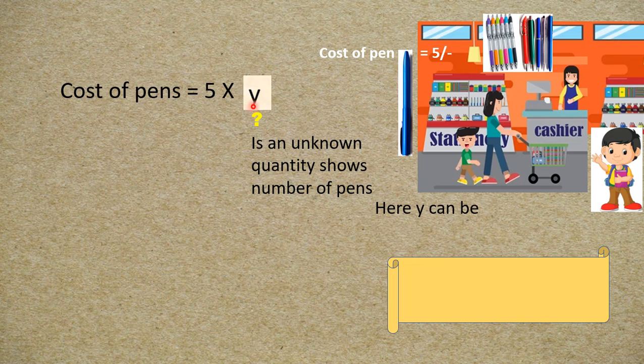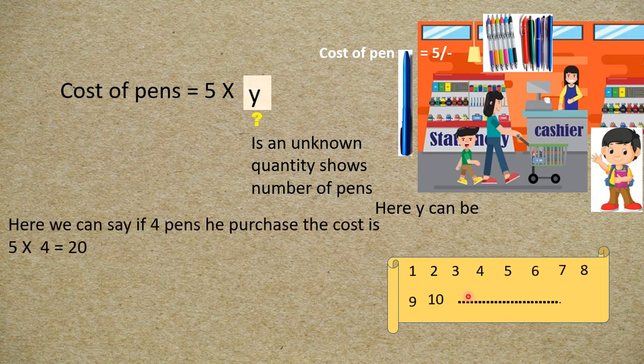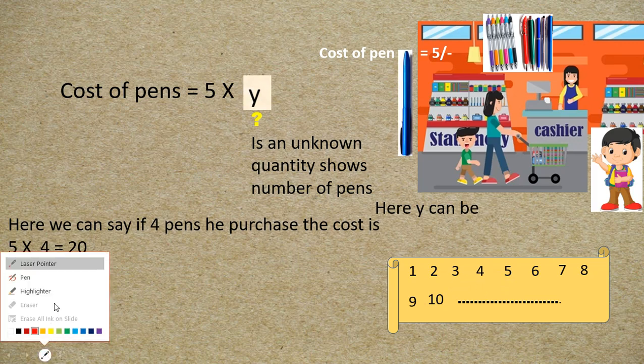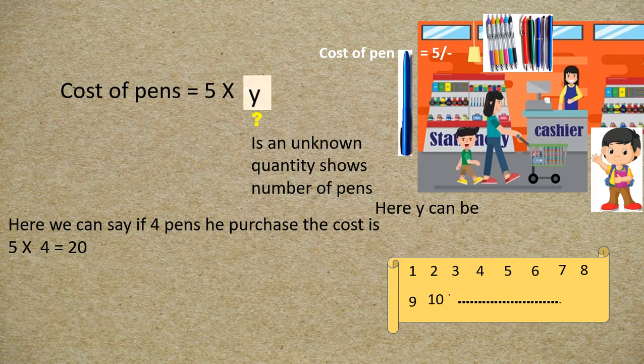Here this y can be any one number of the given set of numbers. So if he wants to buy 4 pens, then the cost of pens becomes 5 into 4, which is 20.